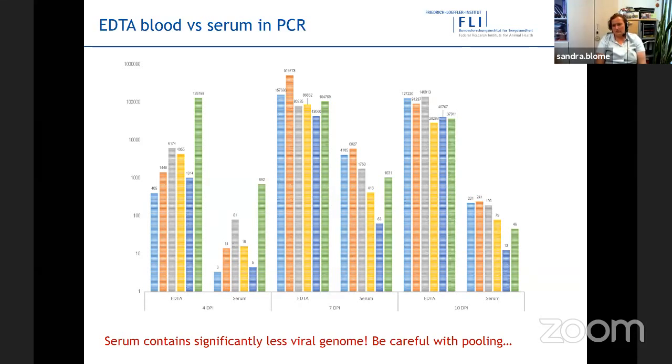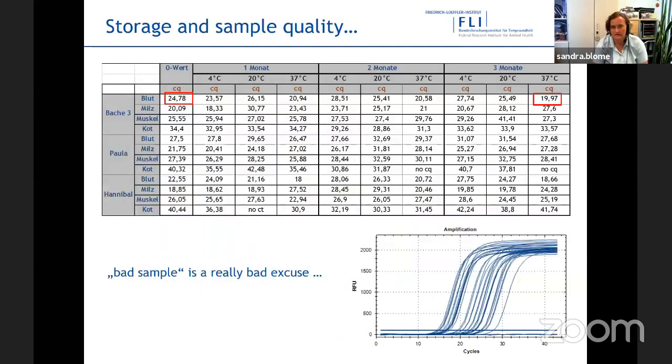There's no problem in detection also in serum samples. So when you use samples from sick animals, it's probably not a problem. If you are going to test animals, for example, in contact holdings, be aware of this problem and of these discrepancies. We often heard, we couldn't send you a sample because it was of bad quality.